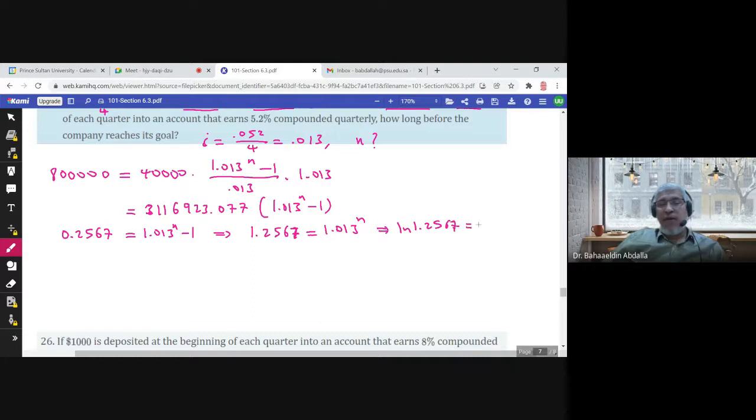And when I apply ln, I can take n down using the properties of ln. And then n would be ln 1.2567 over ln 1.013.